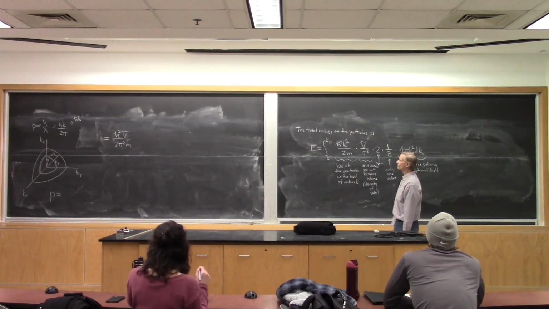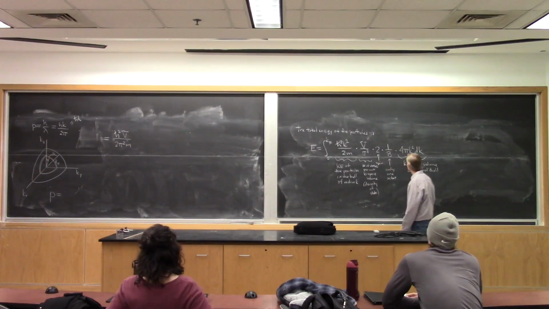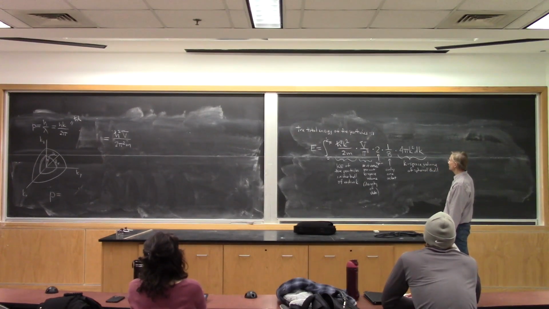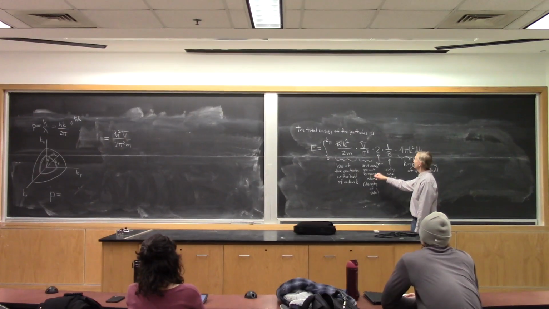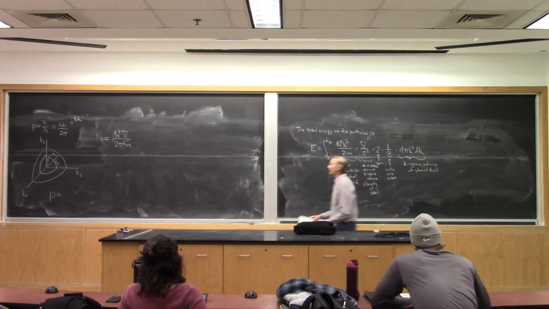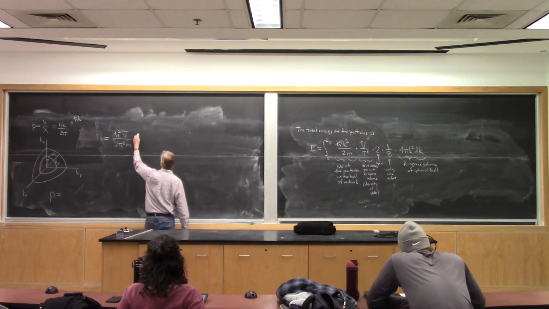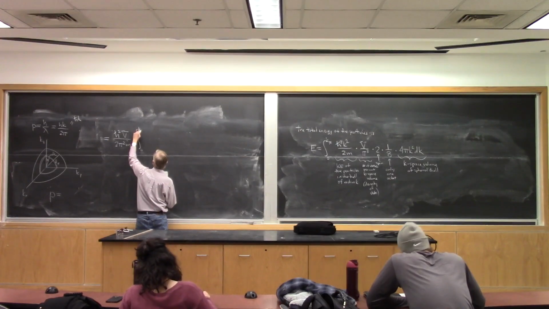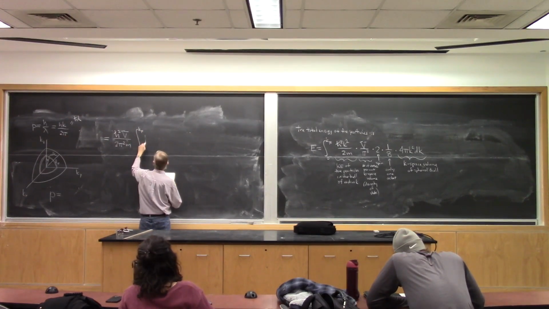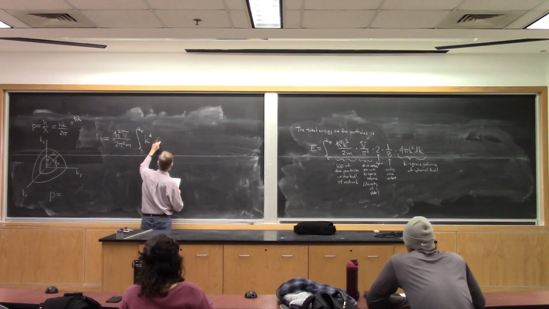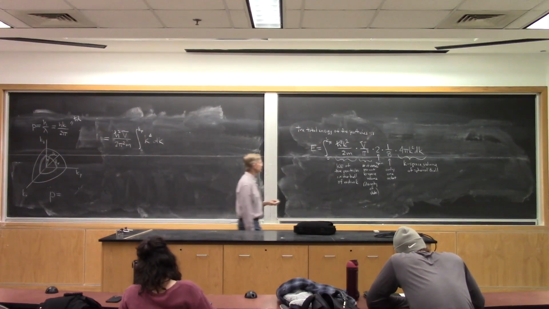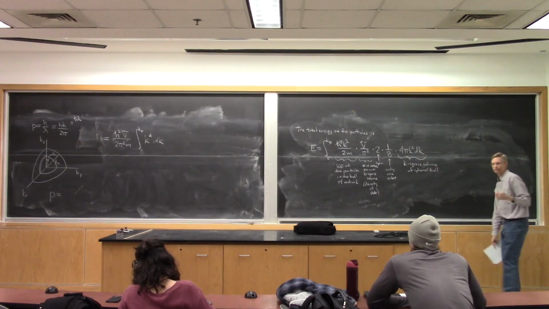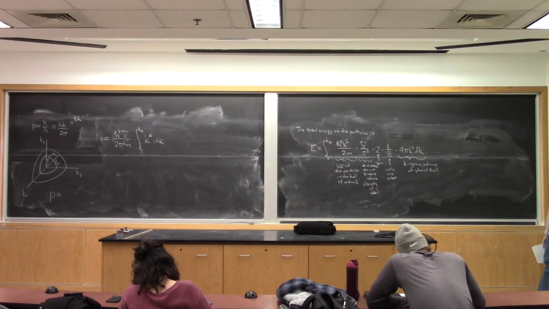The V can come out, it's a constant. h bar squared can come out, it's a constant. And then we've got pi over pi cubed, and so that is pi squared that can come out. And now all we've got left is the integral from 0 to k Fermi of k to the 4th dk. Right, because we've got k squared here from the kinetic energy, k squared there from the volume of the shell, so we get k to the 4th.